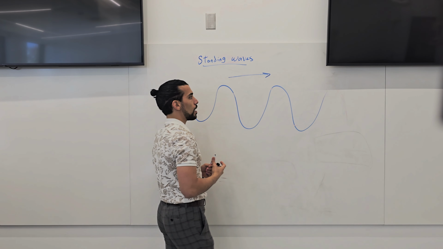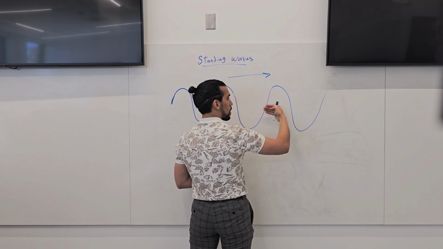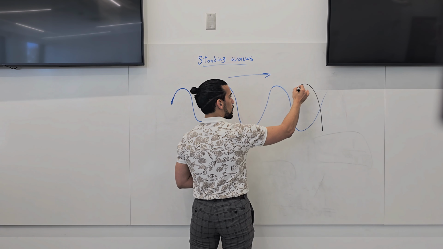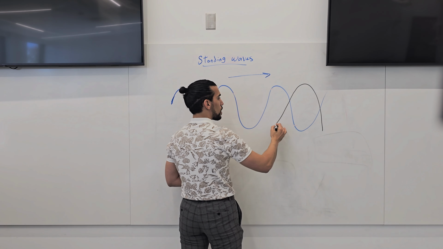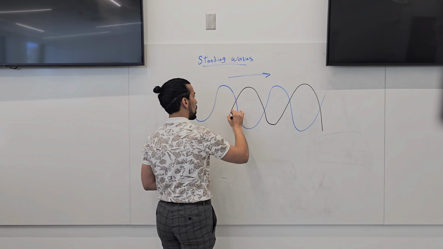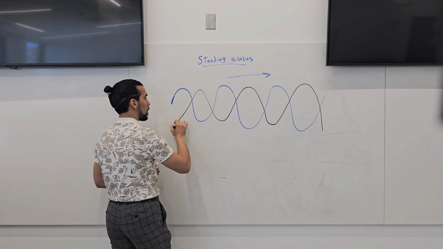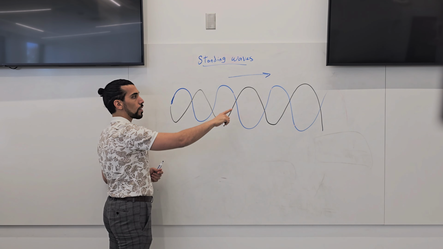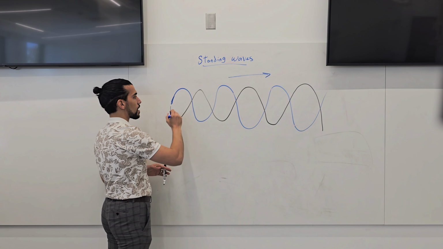So basically, this wave should be going in the opposite direction. It's as if we have another wave like this. So the combination of these two waves acts as a standing wave.